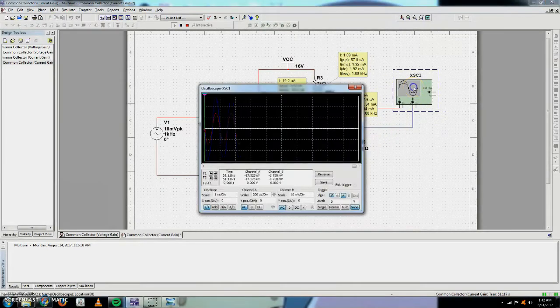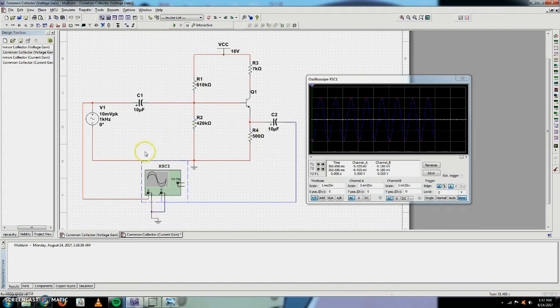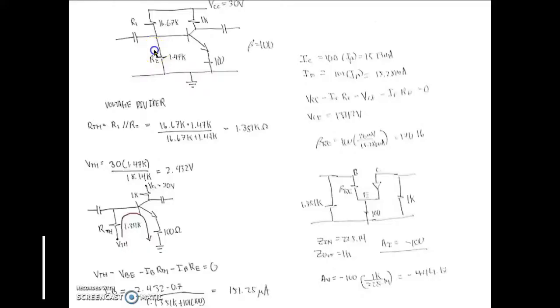As you can see in the oscilloscope, the blue is the output and the red is the input. So going to the voltage gain, the input and the output have minimal difference, so that means the voltage amplification is very little.